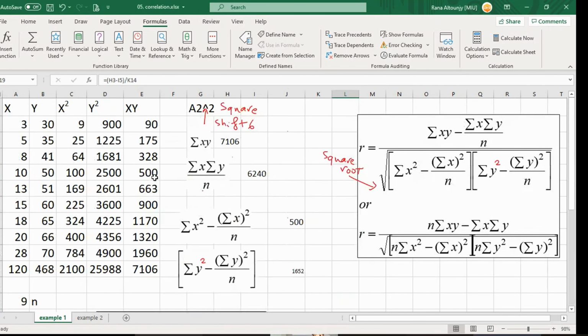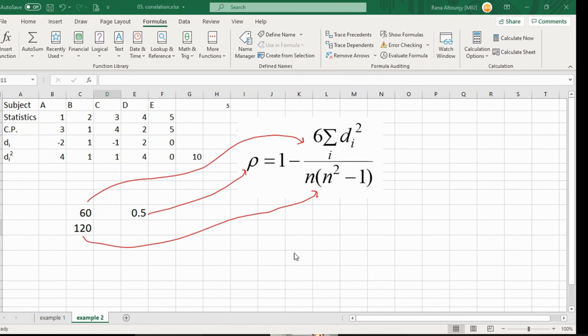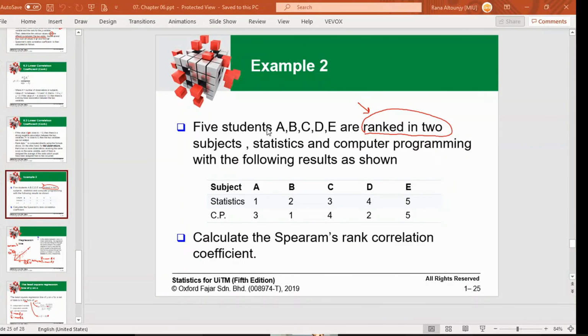Okay, this is how to calculate the Spearman, how to calculate the Pearson. Let's go again to the example of Pearson. Let me show you the example. Five students, A, B, C, D, E, are ranked in two subjects, statistics and computer programming, with the following results as shown.